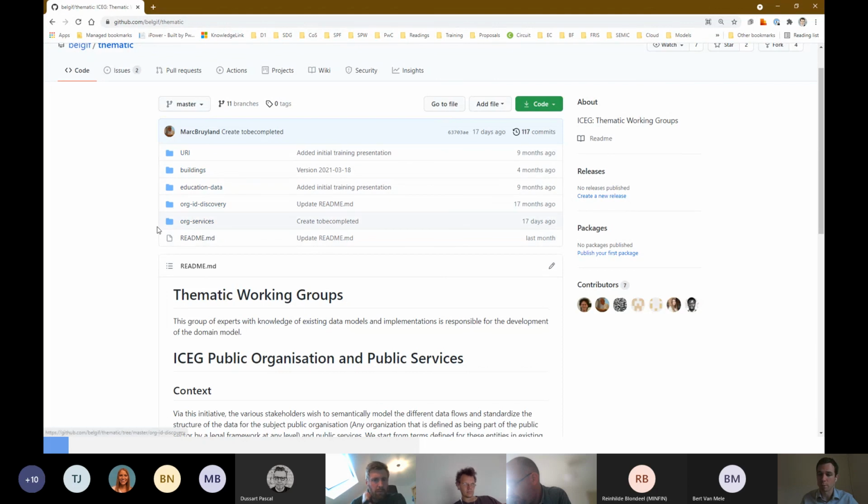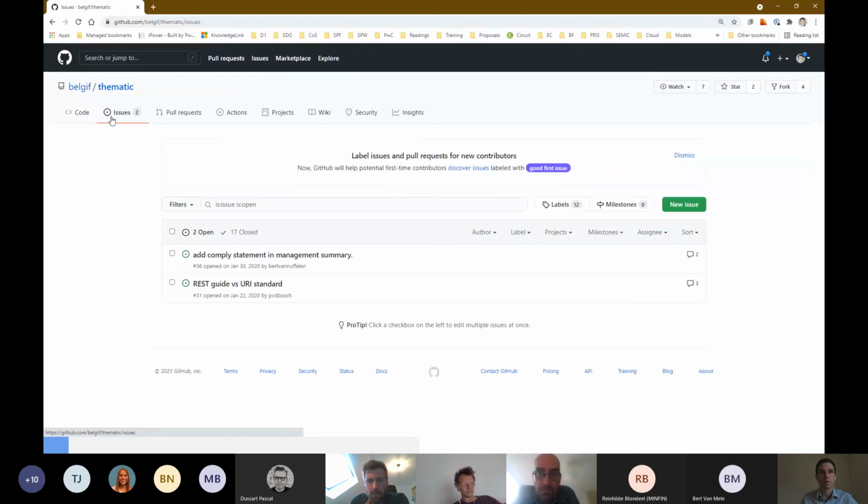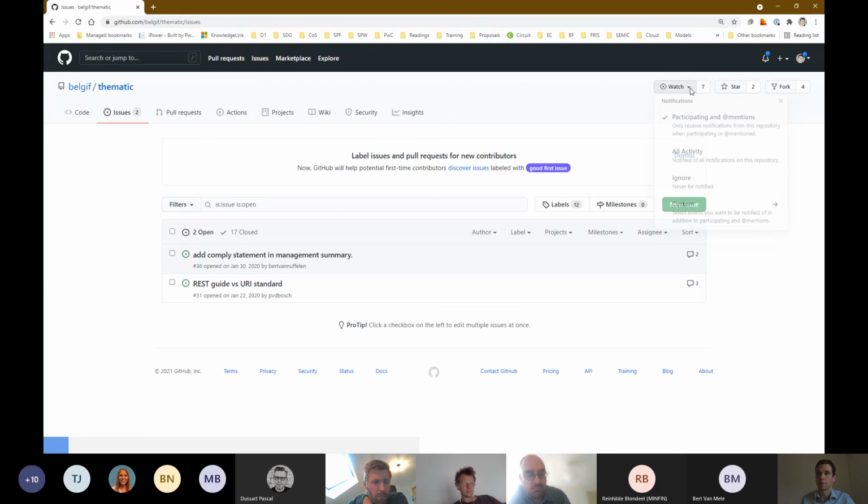We will add over there the webinar reports, etc., the models, and then you can also find the issue tracker, the second tab on the top ribbon, where you can follow up on existing issues that have been opened. But you can also create new issues. That's the green button on the top right. And you can also watch the activities over there by registering over here.